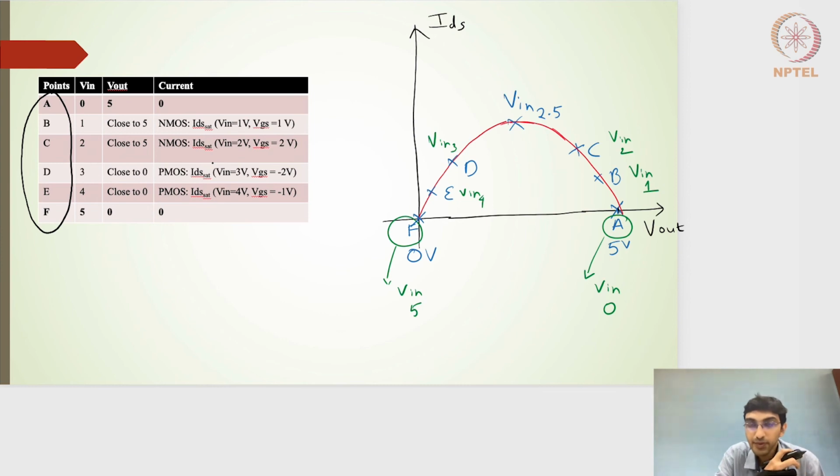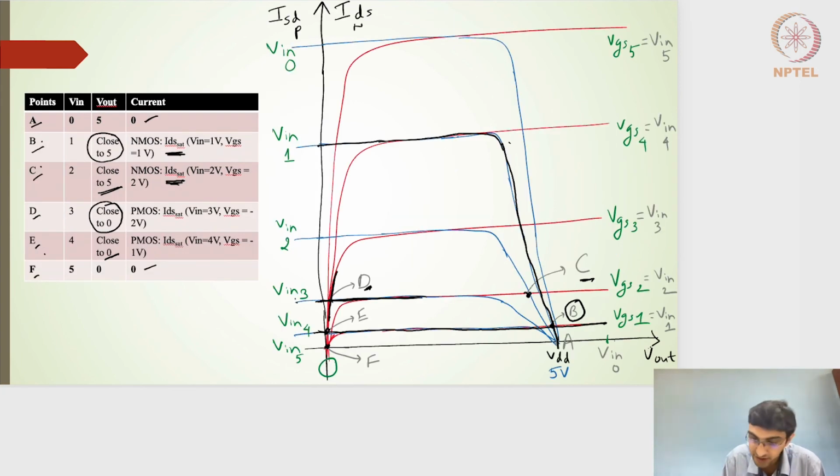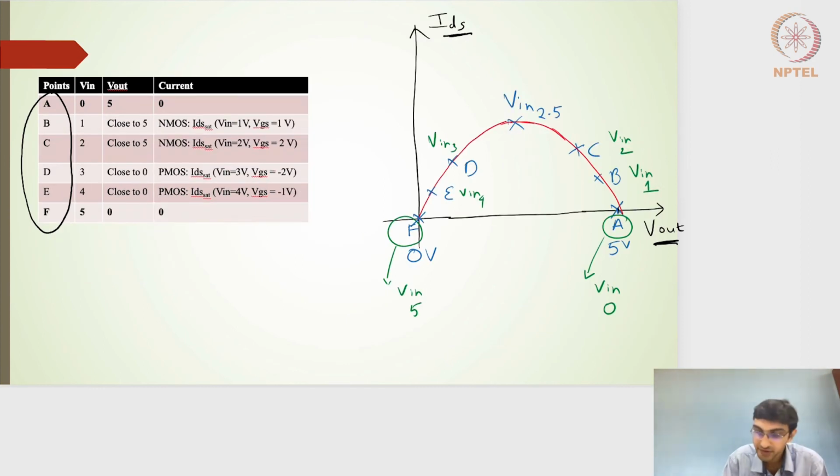But putting those points A, B, C, and then D, E, F, and drawing the profile of V output with respect to I_D, it is basically capturing those particular values from the graphs, from the intersection points, right? We should be able to draw the current here versus the output voltage. So I've taken out all other things.